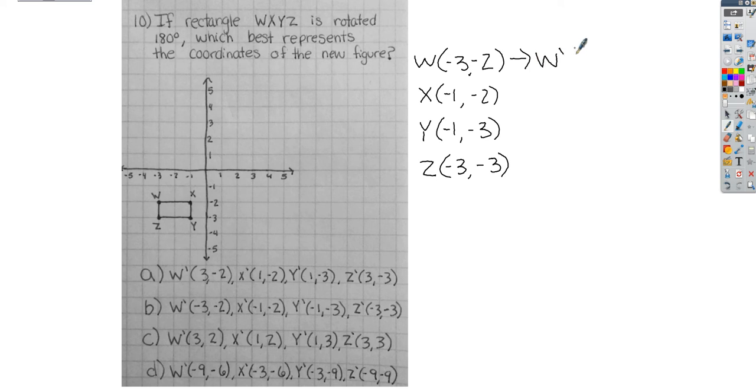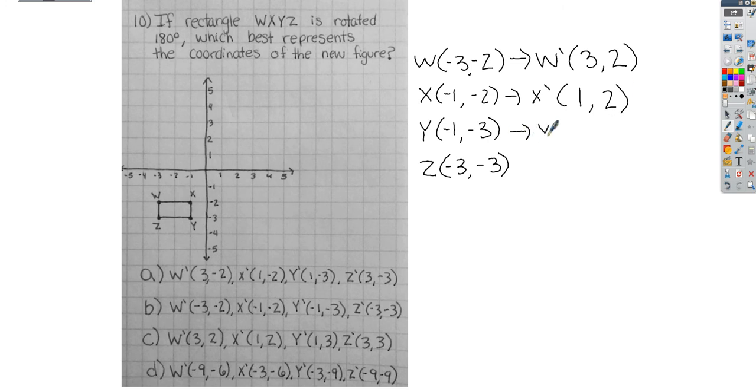So W prime, all we're doing is flipping the sign. So it's -3, the opposite would be +3. We have -2, the opposite would be +2. Okay, X prime. We have -1, the opposite of a negative is a +1. We have a -2, the opposite of a negative is a +2.